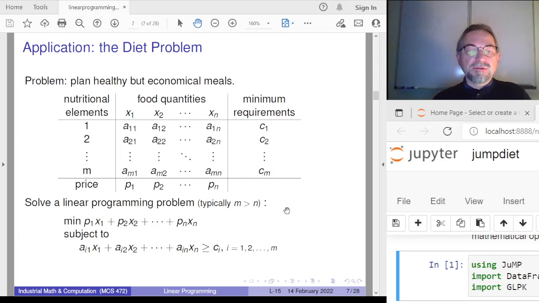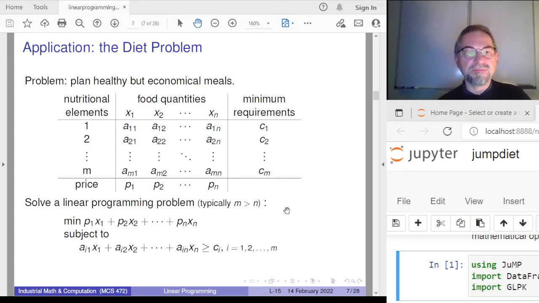Okay, so let's look at an application. So we want to plan a meal. It should be healthy, so we have requirements. Here it's also formulated as a minimum. So we need some minimum of every nutritional element. We have some minimum requirements. We want to be economical.